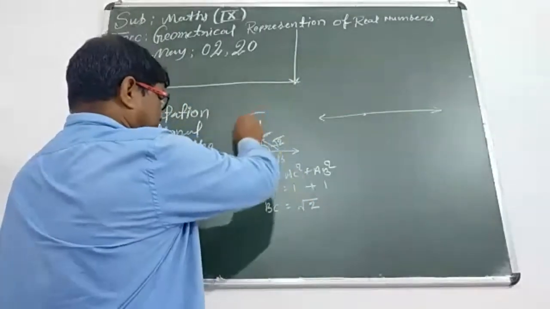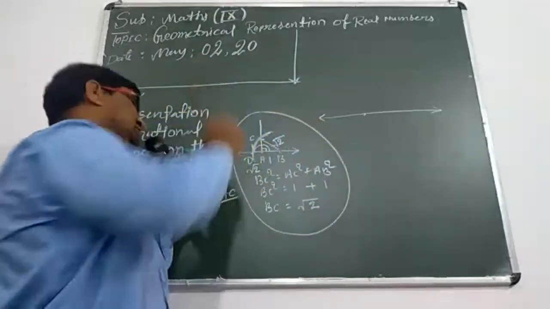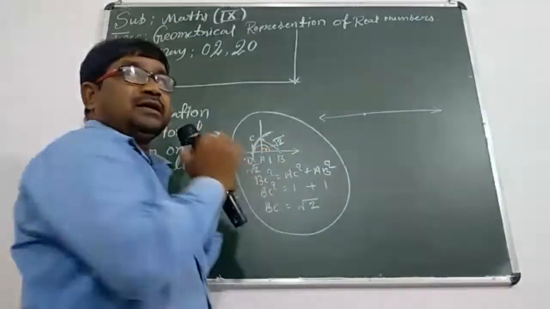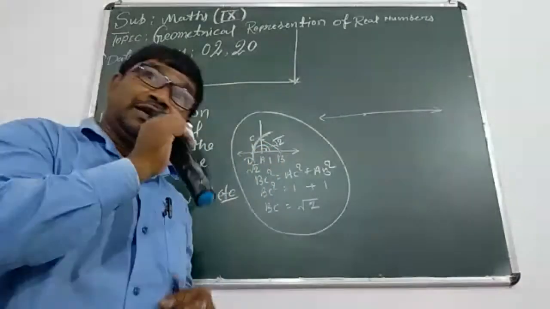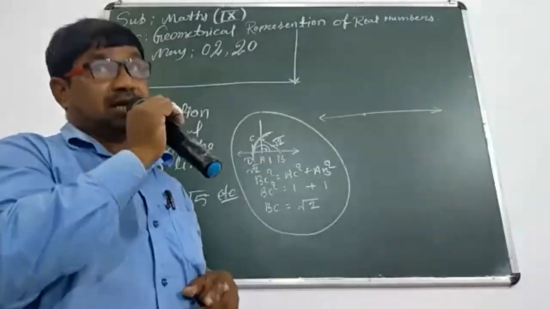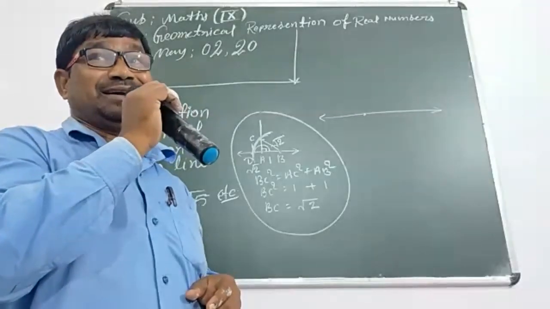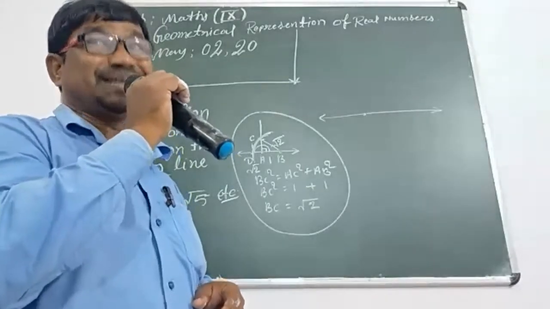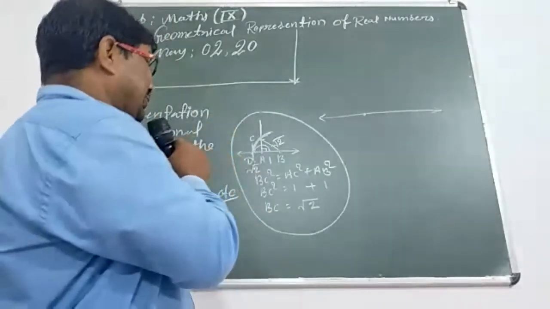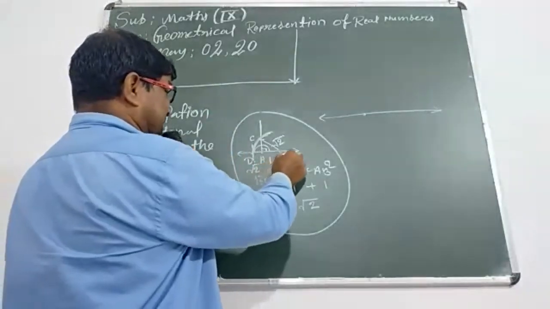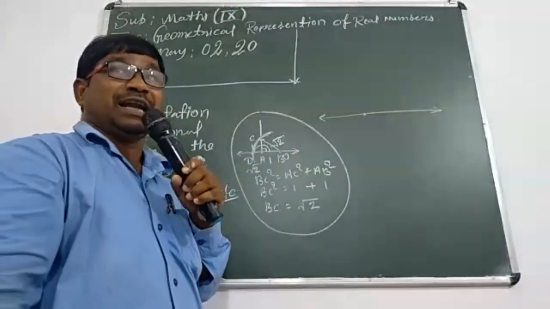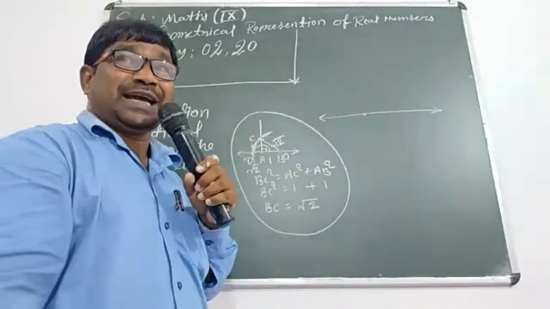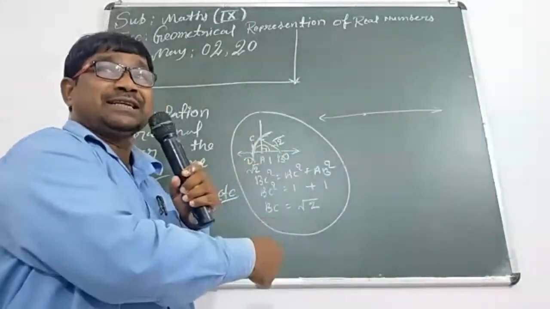But one thing we should mind here. What, sir? D representing under root 2 on the number line. In positive or negative, we should think. So if we are taking here 0 on this number line, then this will be minus under root 2, because that is the left side.